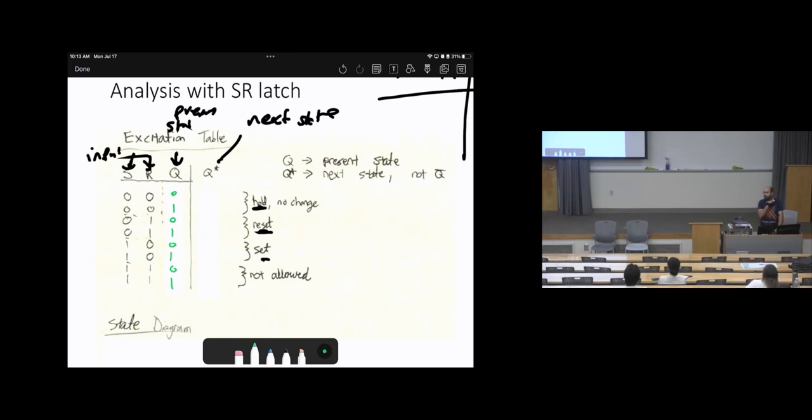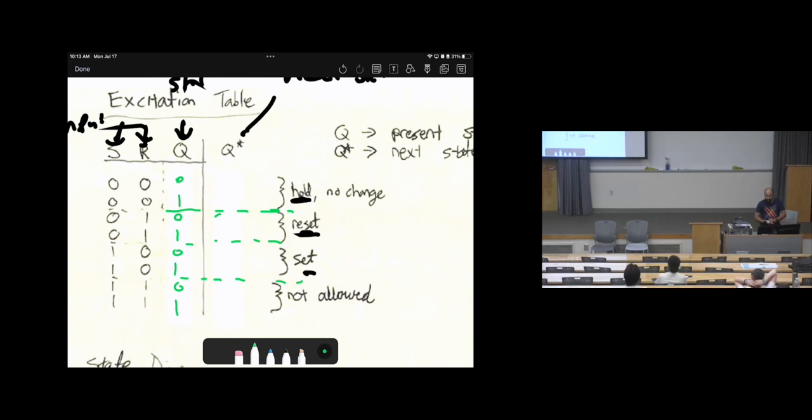Now we can split it into parts. During the first one, when S and R are both zeros, we will be in hold. Hold means no change in the state, so Q star will be 0 for the first and 1 for the other. The second part, when S is 0 and R is 1, in both cases we will be in reset, which means Q star will be 0 and 0.